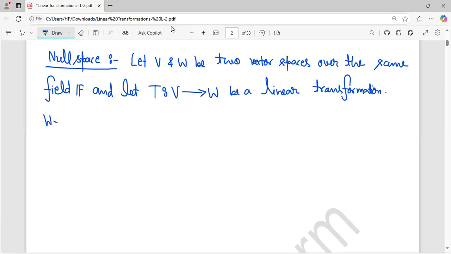We write N(T) is equal to the collection of all those elements in V which map to the zero element in W.